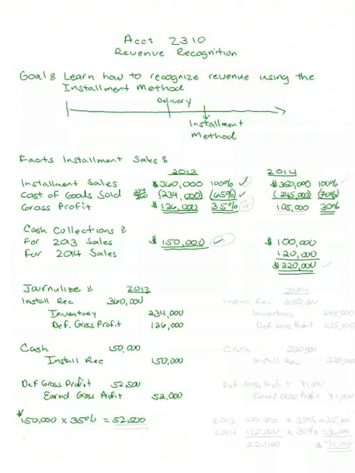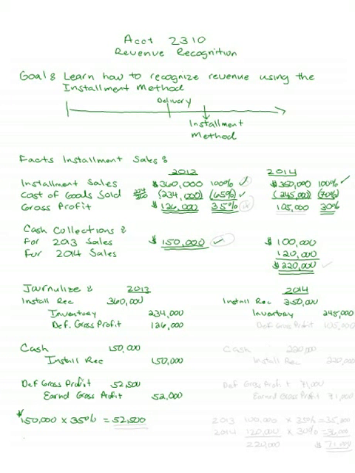Let's do the same thing for 2014. Let's journalize the transactions. Well, we have an installment receivable for the sales that are installment based in 2014 of $350,000. You can see that number right here. I'll take out of inventory the amount of our cost of goods sold, $245,000, but I'm not taking it to the income statement as cost of goods sold.